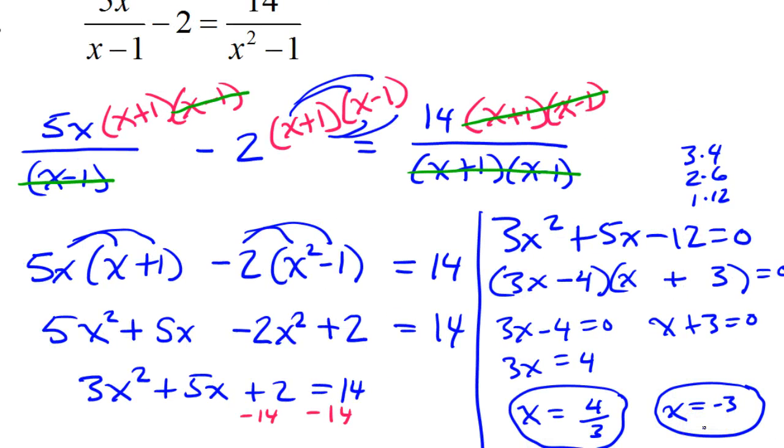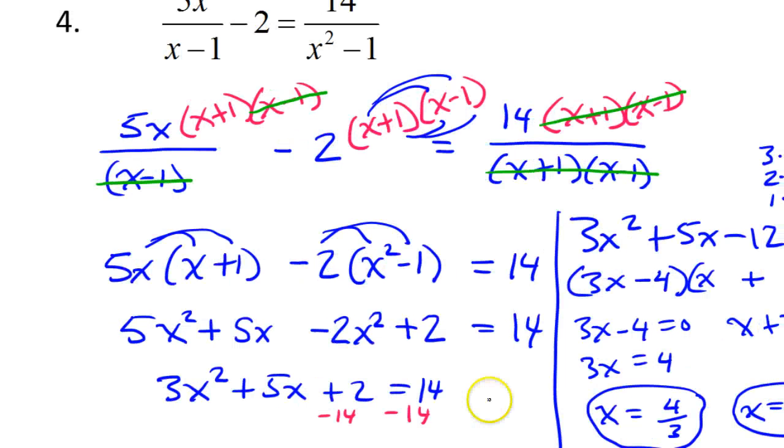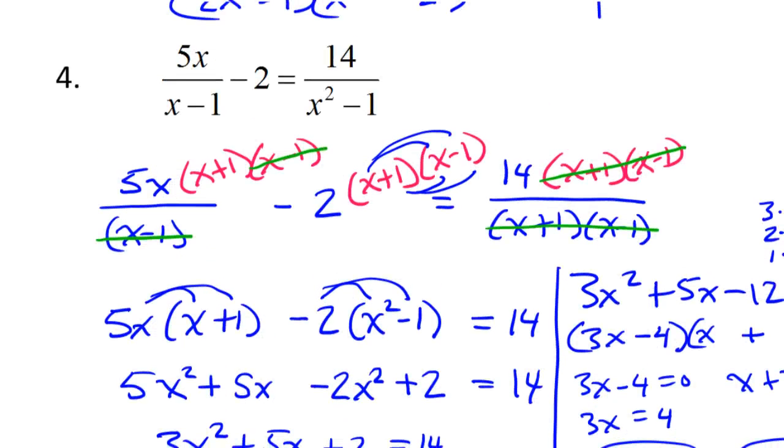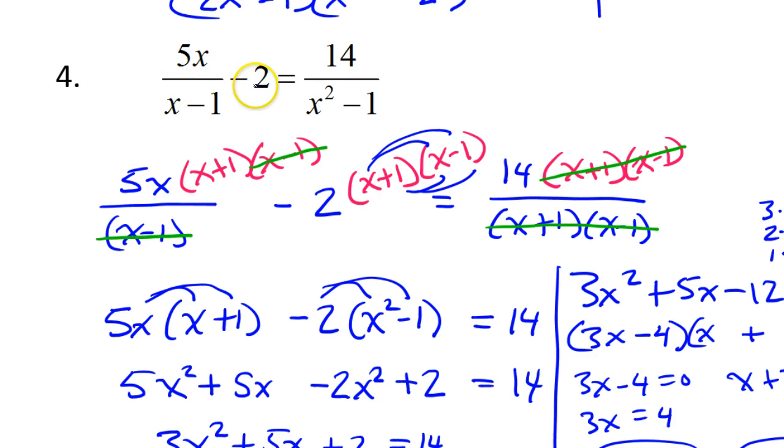Now let's look at it graphically and see if we get the same thing. Again, to do this graphically, I'll make one equation out of the left side of the equation, so y equals this will be one function.